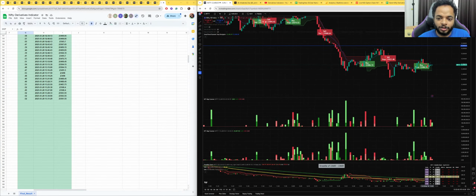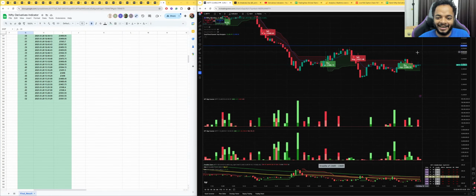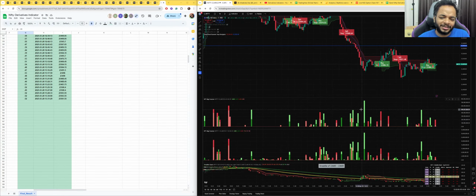I hope I have shown you live here. So let's zoom in again. Here a 40 points move came in, and here you would also say that put writing happened, but compared to this one, the put writing was 20 cr.